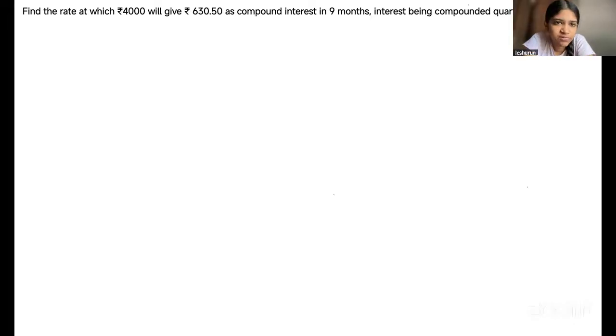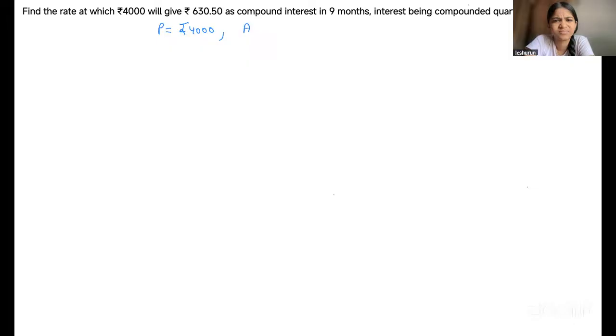Principal is 4,000. Compound interest is 630.50 rupees. And time is 9 months.